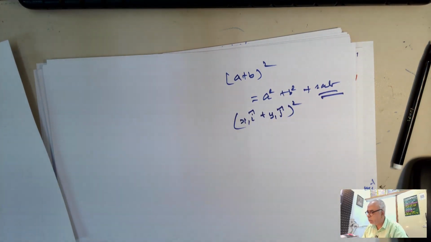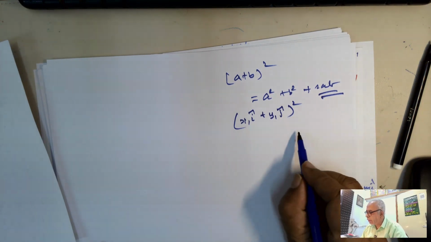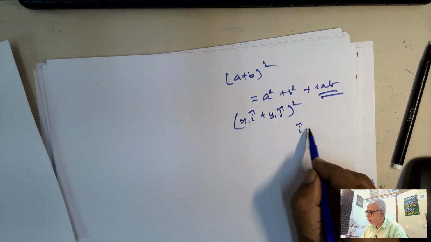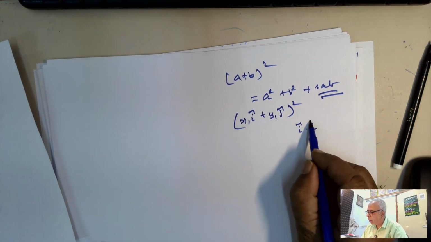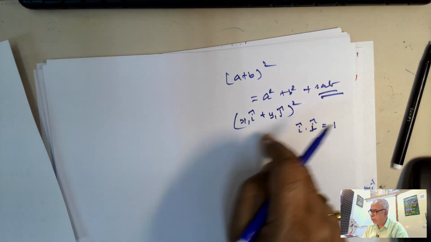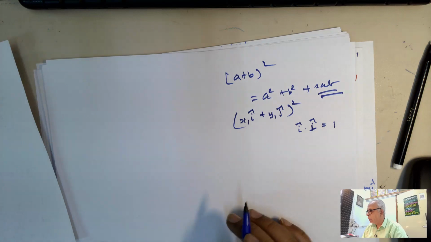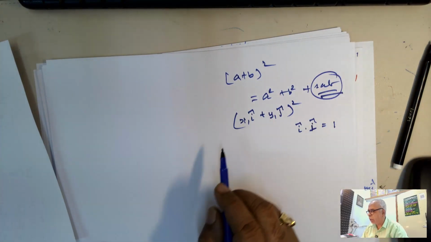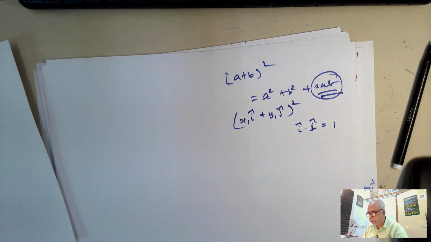One thing I have given clearly, that is i dot i is equal to 1, and that is why I am getting only the relevant x squared, y squared, etc.